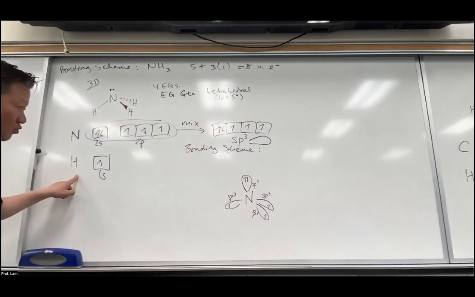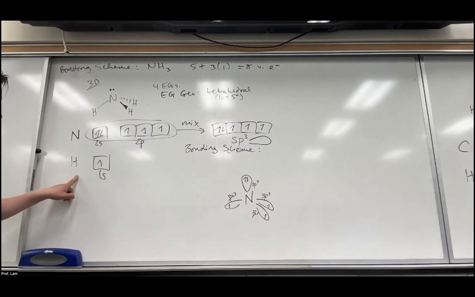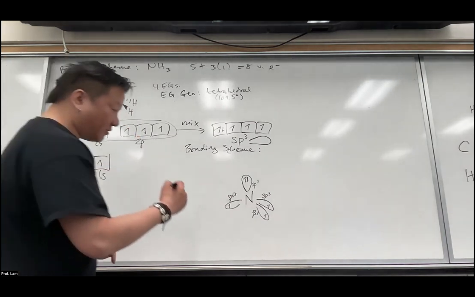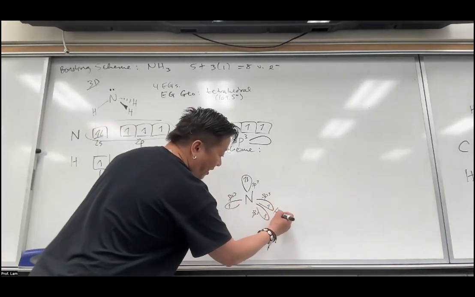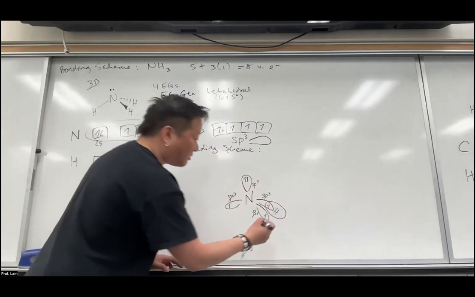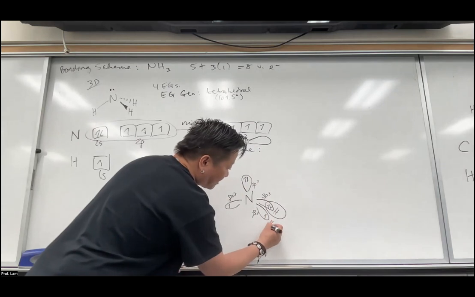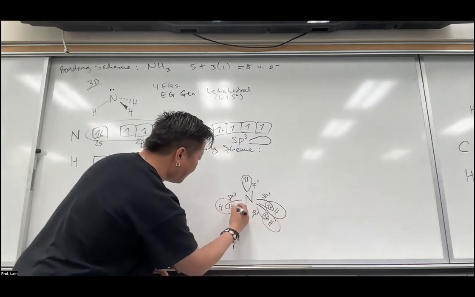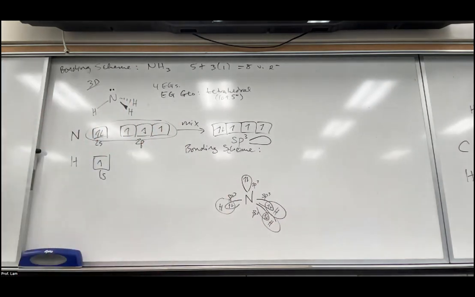Then I look to what's going to be bonding to the nitrogen. Well, 3 hydrogens, right? And what orbital does the hydrogen have? 1s, just a circle. So go to the singly occupied one, put the hydrogen there, draw the circle so that it overlaps with the sp3, and then spin down for that 1 electron of hydrogen, sharing with nitrogen's sp3.